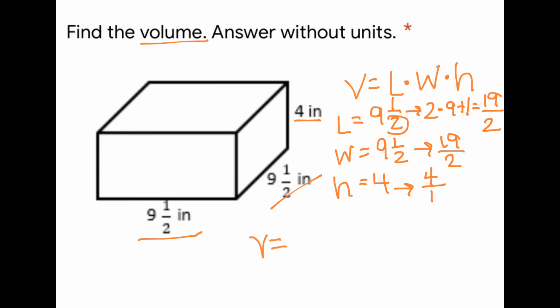So our volume is going to equal 19 over 2 times 19 over 2 times 4 over 1. You can go ahead and multiply those straight across, and then you are going to have to use long division to turn it back into a mixed number.